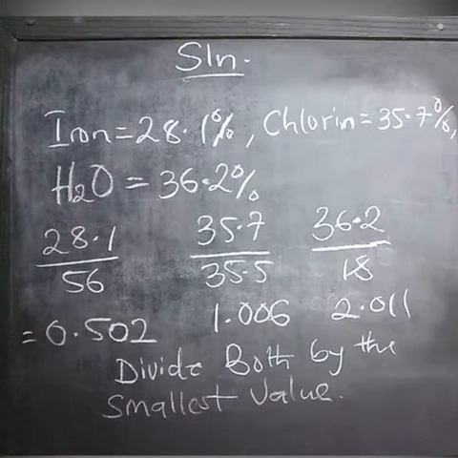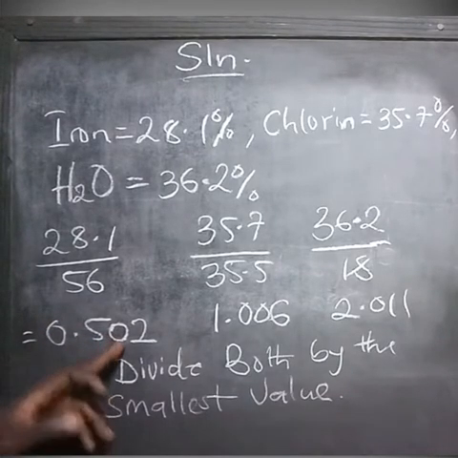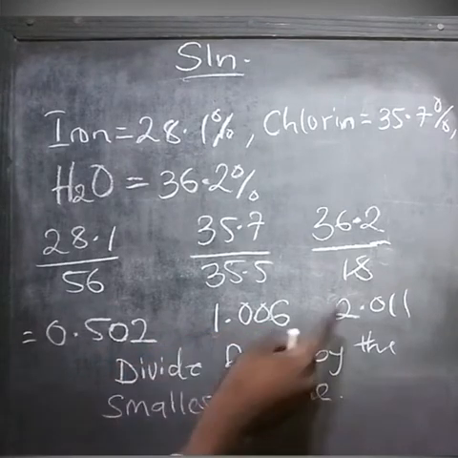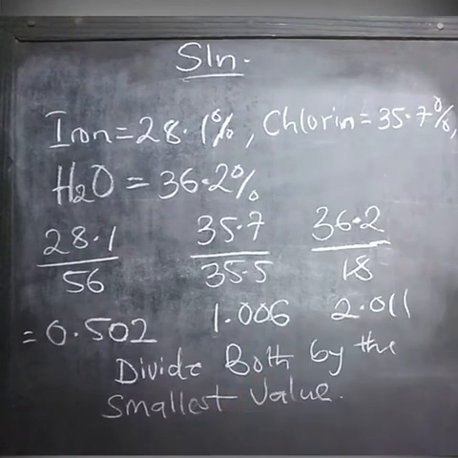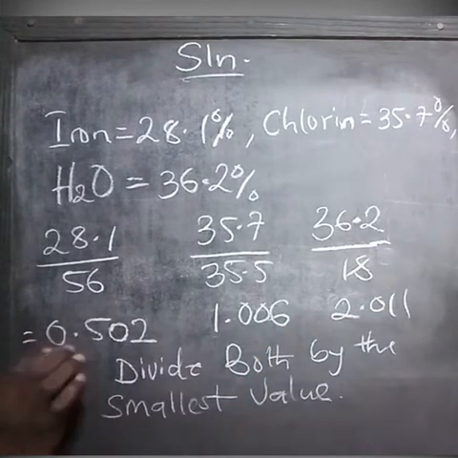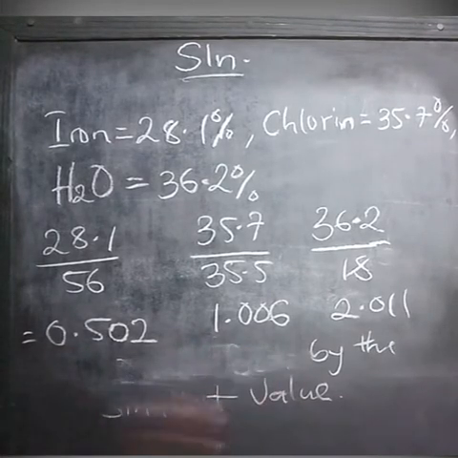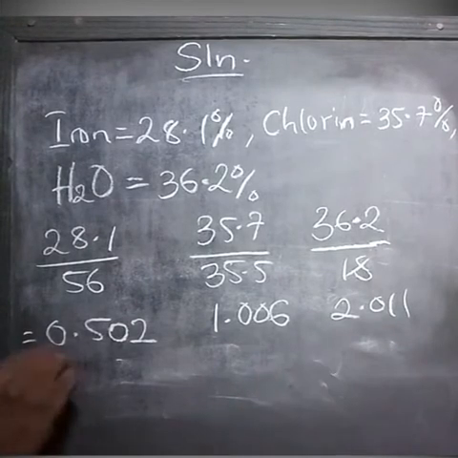So which one is the smallest among 0.502, 1.006, and 2.011? Definitely 0.502 is the smallest, so we have to divide each by 0.502.